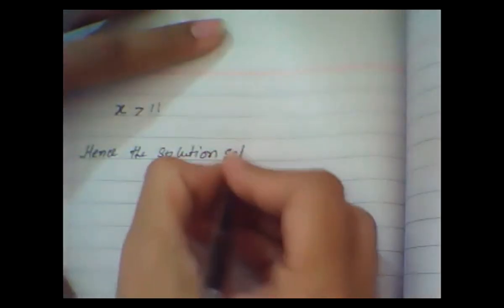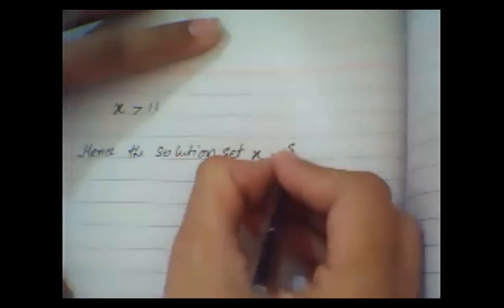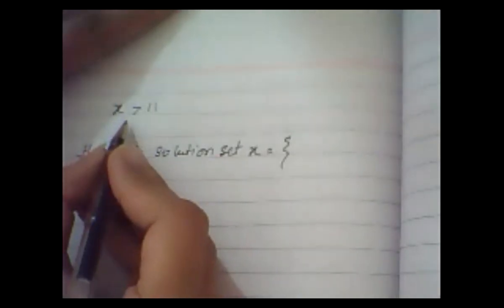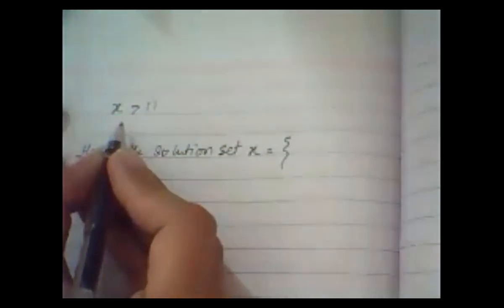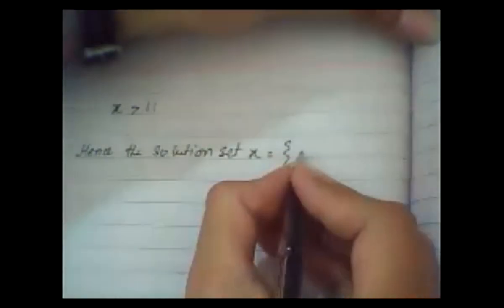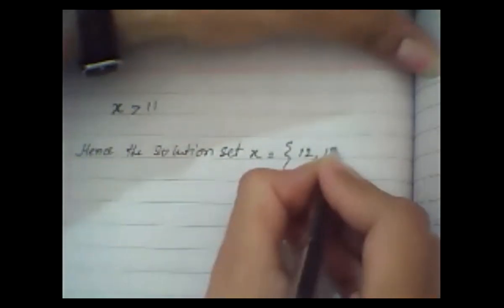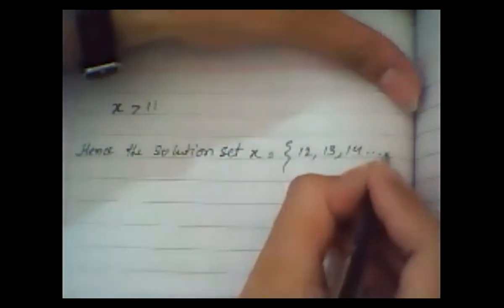Students, when x is greater than 11, then we can say, hence the solution set x is equal to, here x is greater than 11. If the values are greater than 11, what numbers are greater than 11? 12, 13, 14, and so on.